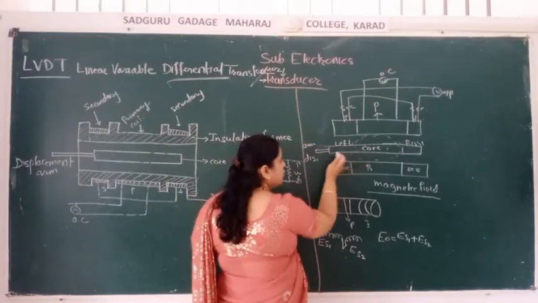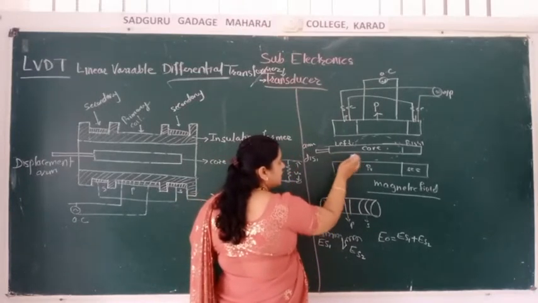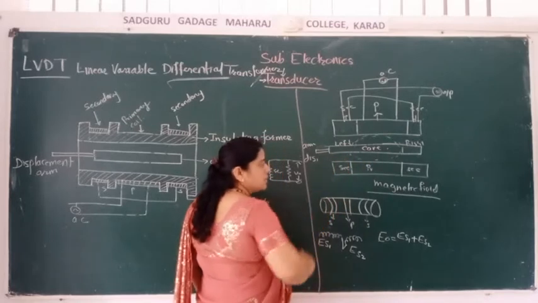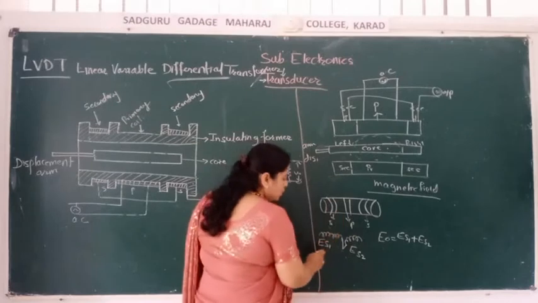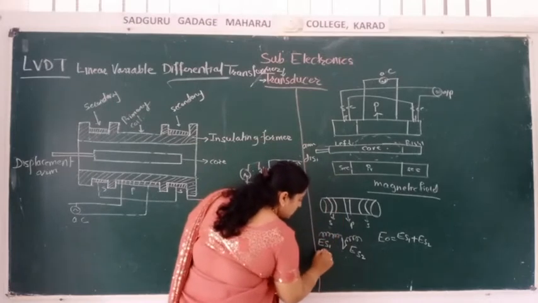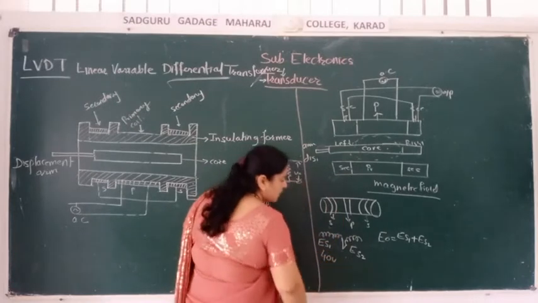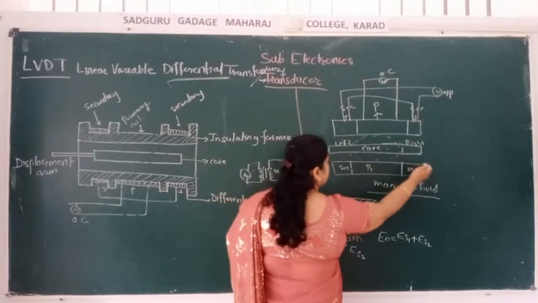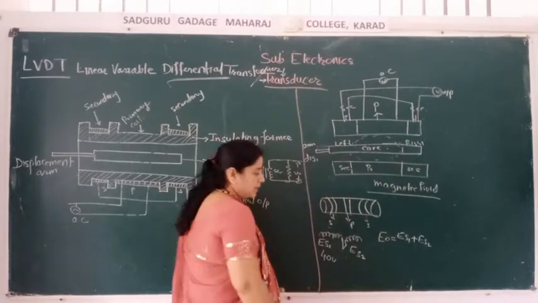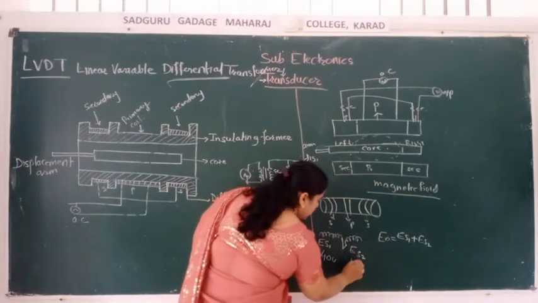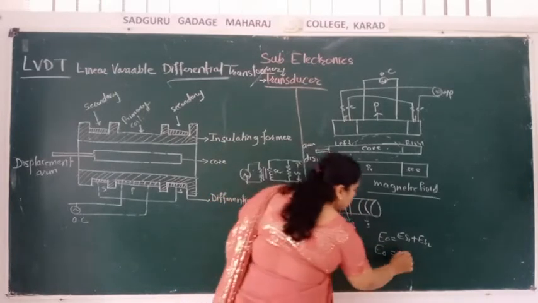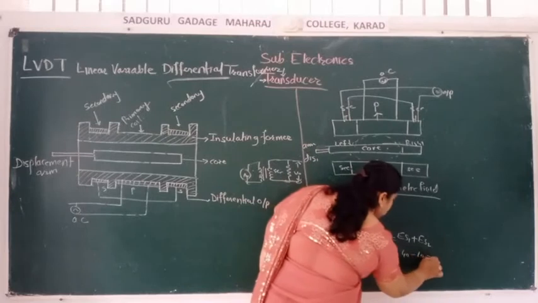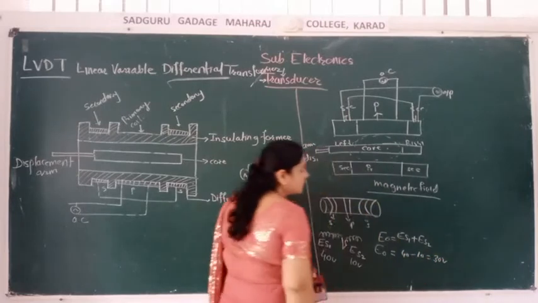If it is moved to the left side, then the core will also move to the secondary on the left side of the terminal. Suppose ES1 is 40 volt, and if it is moved to the right side, the core also moves to the right side. If ES2 is 10 volt, then how much is the output? E0 is equal to 40 minus 10, so it will be 30 volt.